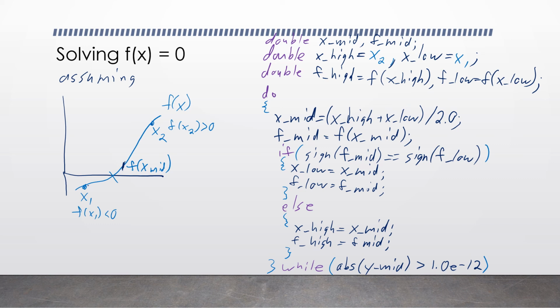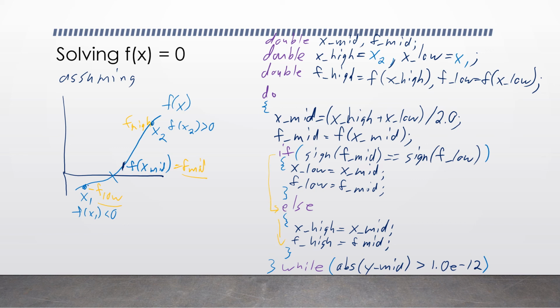So the way this works, in case you don't believe me, as drawn, this is f low, this is f high, this is f mid. We check here if sign of f mid is equal to sign of f low. That's positive, that's negative, so we skip out of that, go to the else.